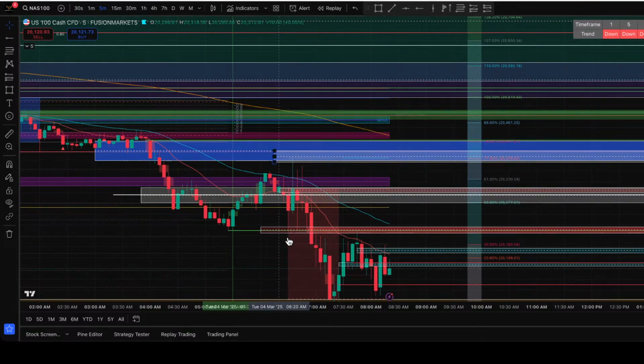I just wanted it to first give me that manipulation, so it sealed the deal. Dealer revealed his hand. I could see that he wanted to go back to the blue zone. Instead, they didn't give me that. They just shot it back up, tapped the blue zone, dropped it.